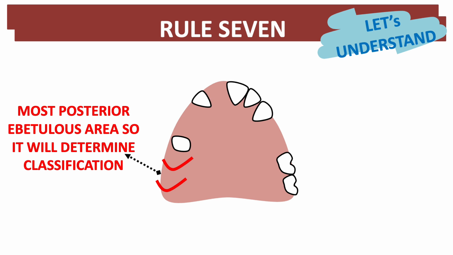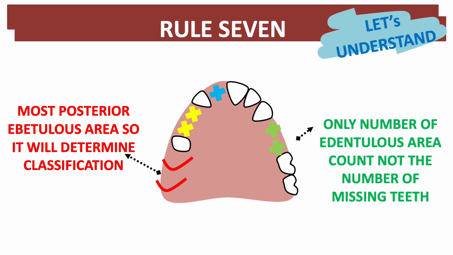Now we have various edentulous areas in the anterior region, but we have two edentulous spaces in the yellow cross, two in the green, but only the number of edentulous areas counts, not the number of missing teeth. We have to count the number of edentulous areas, not the number of missing teeth, because as per rule 7, only the edentulous area is counted as modification space 1, modification space 2.